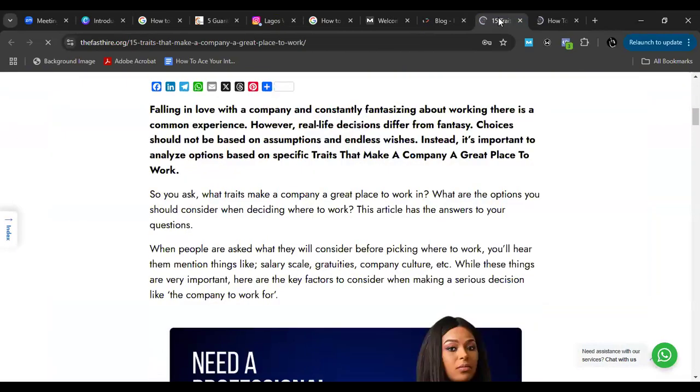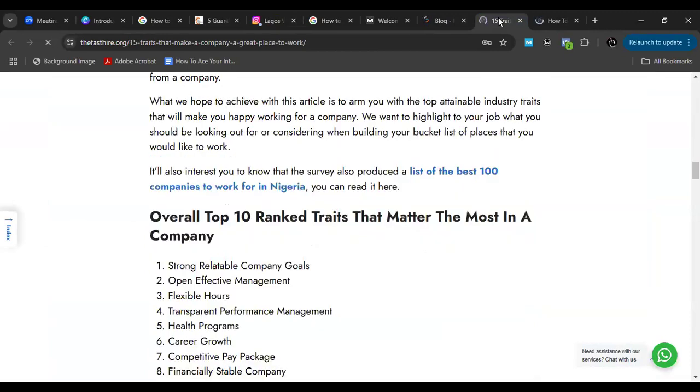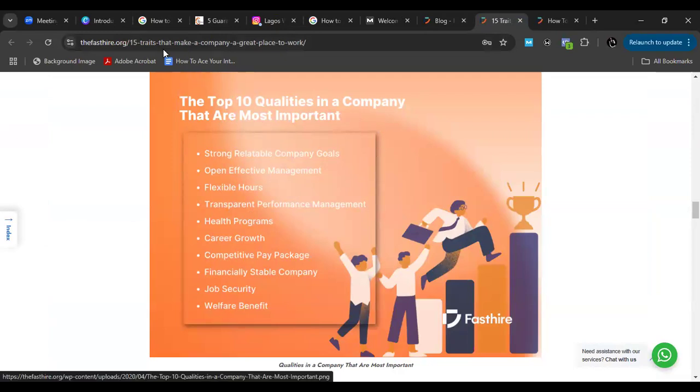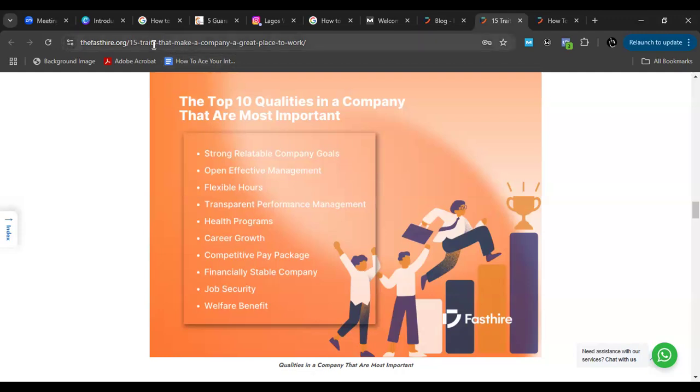So for instance, you have an image on your content like this. Now, the title of this image should always be relevant to the title of the content, right? This content is talking about qualities in a company that are most important. The title is talking about what makes a company a great place.